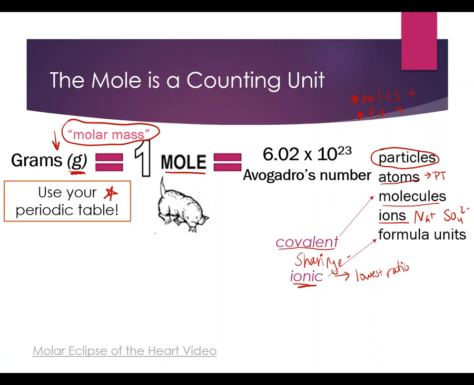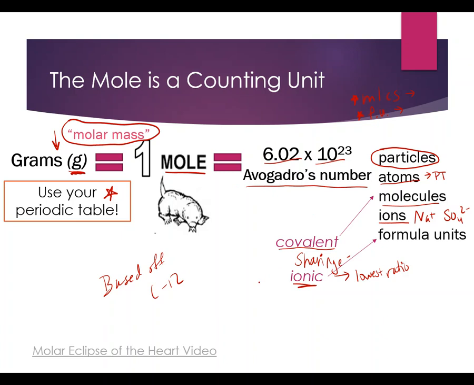Yes, some of the analogies are silly, but the parody's really good when we're talking about the counting unit of the mole. But one thing I want to point out that they do talk about in the video is where Avogadro's number got calculated from. It is based off of the carbon-12 isotope, because 12 grams of carbon equals 1 mole of carbon, and their calculation is equivalent to 6.02 times 10 to the 23rd atoms.